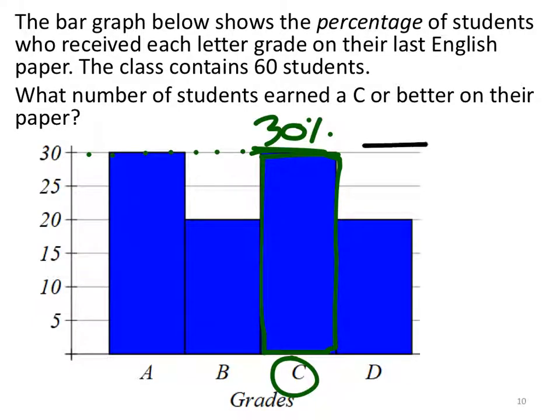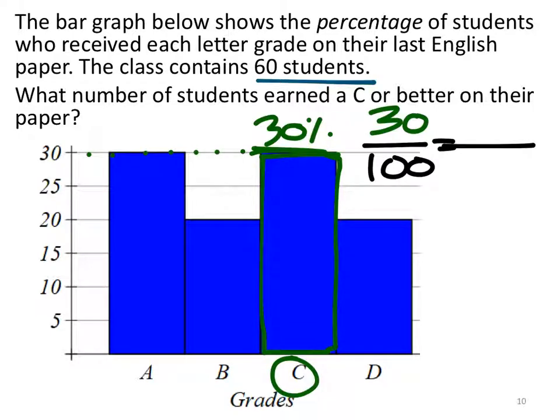So again, this sets up a percent proportion for us, which isn't too bad. We already know the percentage is at 30%. The whole class is 60 students. So that's not part of the class, it's the whole class. And we got to solve for x. Once we figure out what x is, we'll know how much of the class got a C on that test.